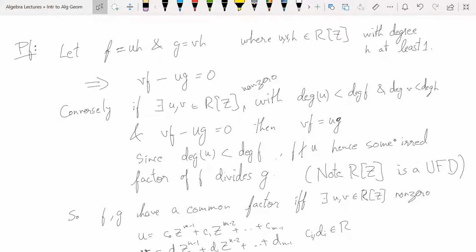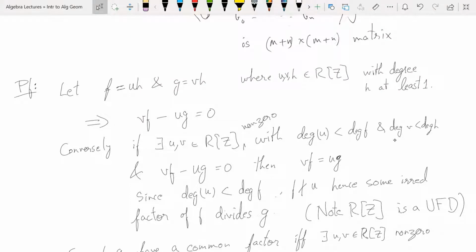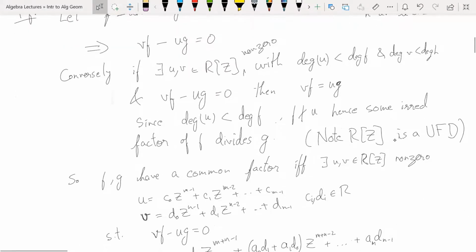So what we have proved is that f and g have a common factor if and only if there exist u, v. So we have proved both that if it has a common factor, then you can find u, v and h in R[z] such that vf minus ug is 0, and degree of u is less than degree of f, degree of v is less than degree of g. Yeah. So in this construction, and conversely.